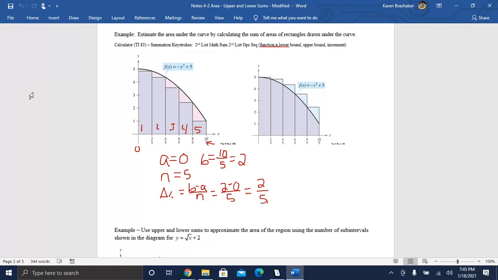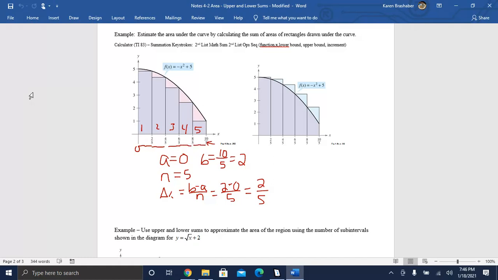Now, I did that through the use of a formula, but I would like for you to think about this geometrically. The distance from 0 to this first line is 2/5. And then from 2/5 to 4/5 is 2/5, and 2/5 for each one of these.